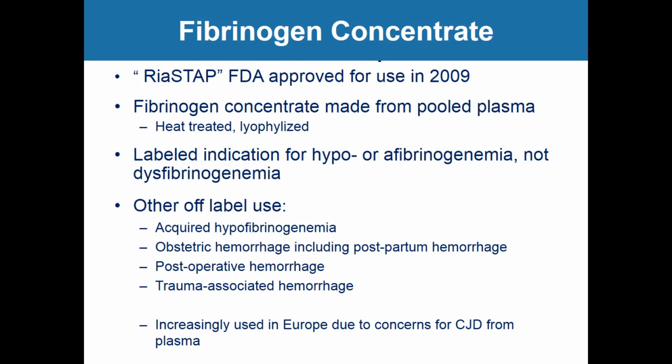Fibrinogen concentrate is available under the trade name RiaSTAP, approved by the FDA for use in the United States in 2009. It is a concentrate made from pooled plasma. It is heat treated and lyophilized and comes in a dry powder form that is reconstituted with a very small volume of usually water or normal saline.